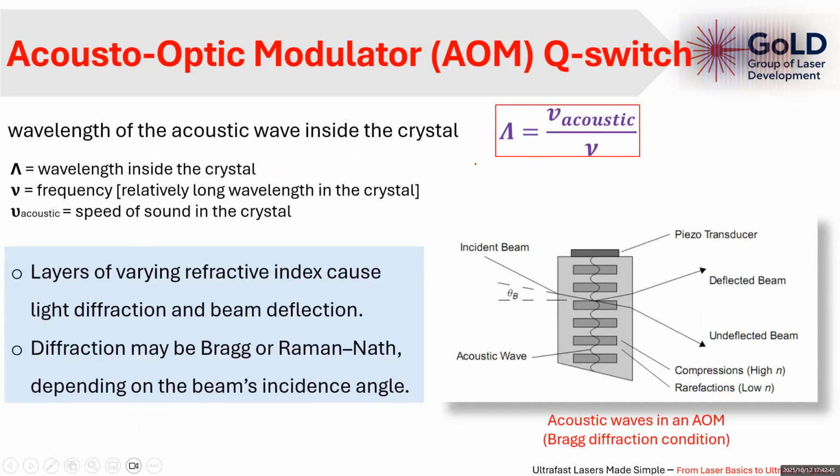Now this is the formula you can see on the right side here. This is capital lambda, the wavelength inside the quartz crystal. This is the acoustic velocity, and this is the frequency.